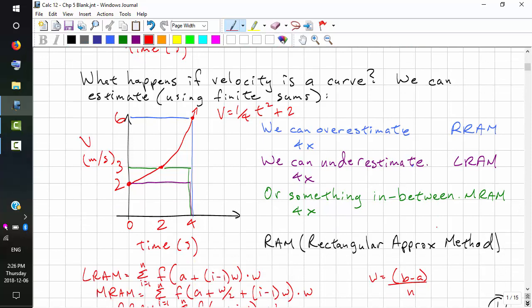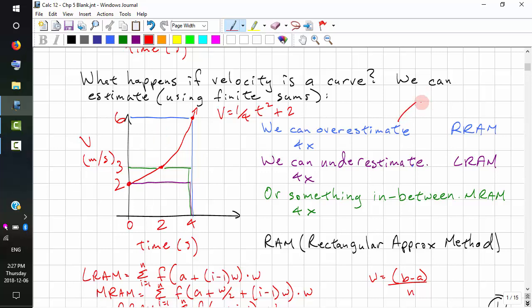So what happens if the velocity is a curve? We can also estimate, and we'll use this with finite sums. So the velocity curve is 1/4 t squared plus 2. We can overestimate by using the blue rectangle. So the actual area is under the red line, and we're overestimating by this area because this is not part of the actual distance.